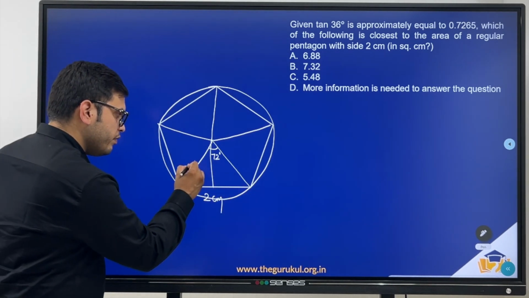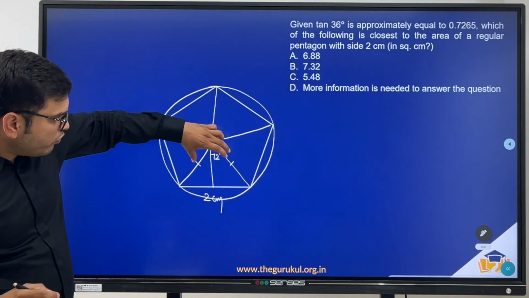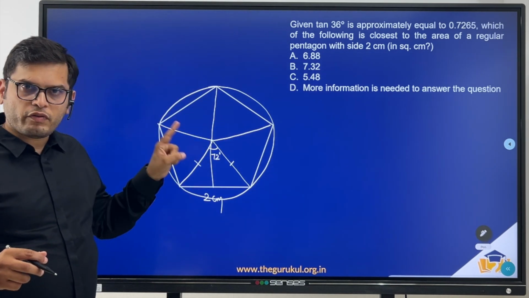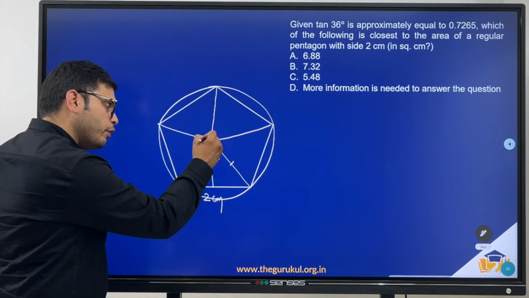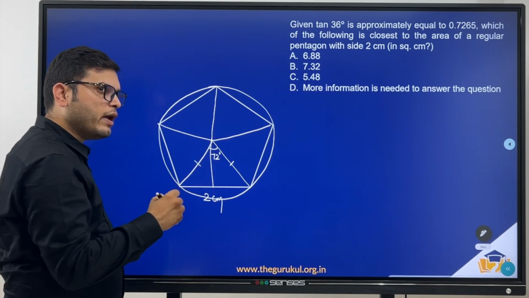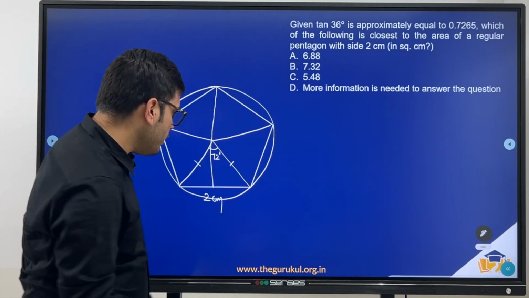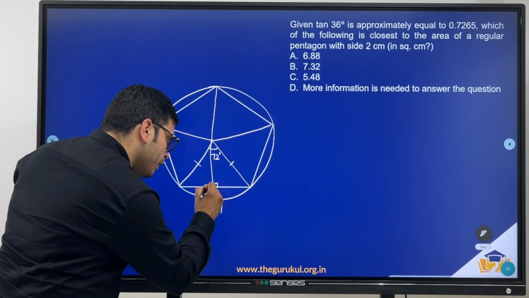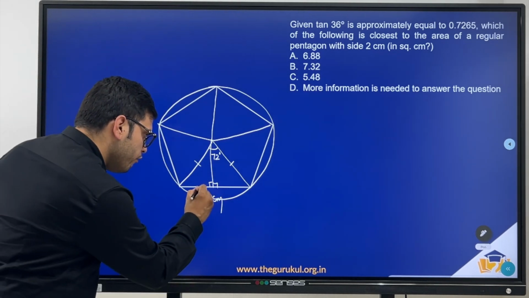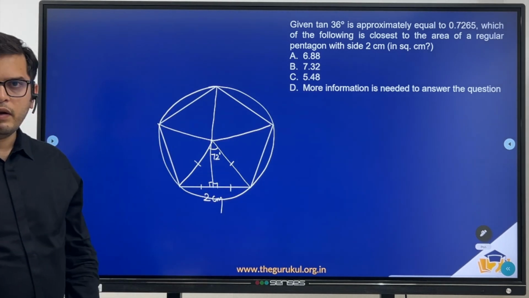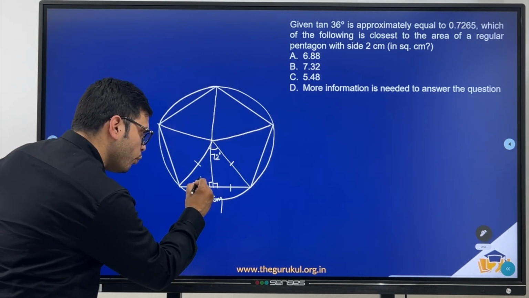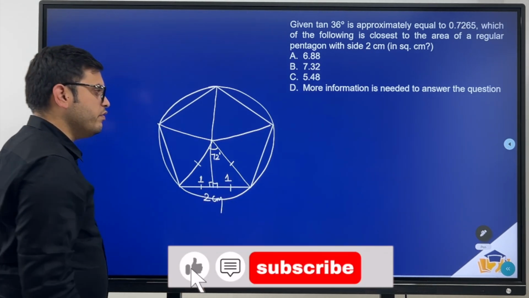Now this is an isosceles triangle because these two are nothing but the radius of the circle. Now when I drop a perpendicular from the opposite vertex to the unequal side in an isosceles triangle, that will be perpendicular and will bisect the unequal side. So this will be 1 centimeter and this will be 1 centimeter.